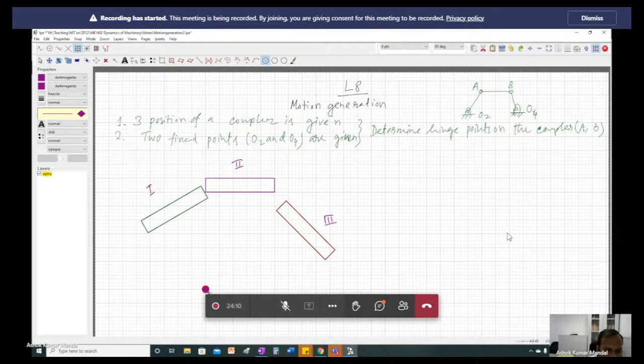And suppose the other hinge point is here.